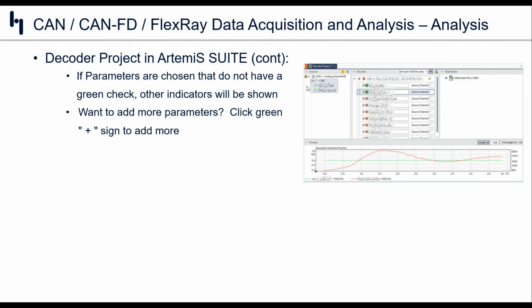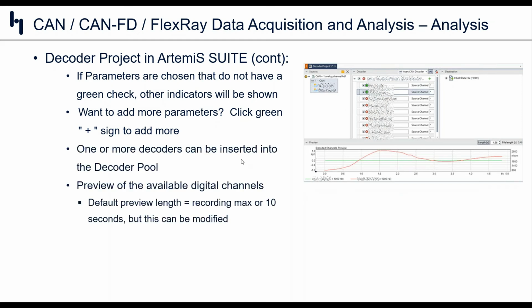This indicates only a portion of the decoder items selected are available in that source pool item. Let's say you want to add some items to this decoder, click on the green plus sign. If you added some items that you want to get rid of, you can just uncheck them, or you can right click on those items and click remove.